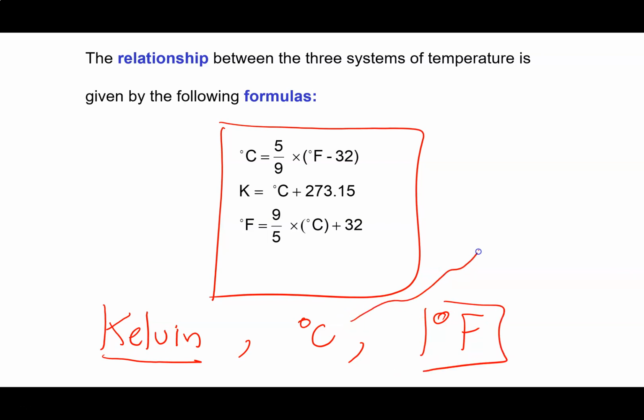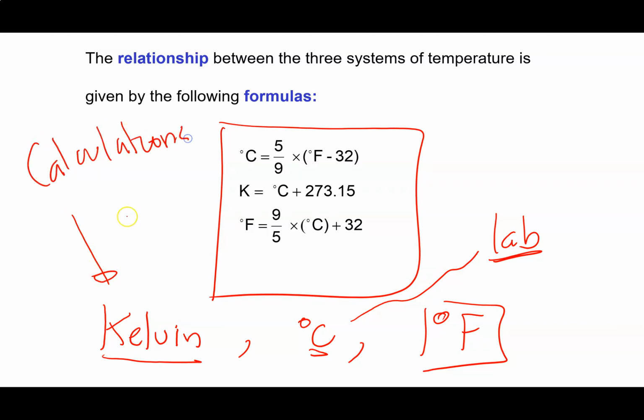In the lab, we commonly use the non-SI Celsius units for temperature, because it gives numbers that are between sort of 0 and 100. But for calculations, because the base unit is the Kelvin, we'll often use Kelvin units when it comes time to do some math. So an important skill is to be able to convert between Kelvin and degrees Celsius.